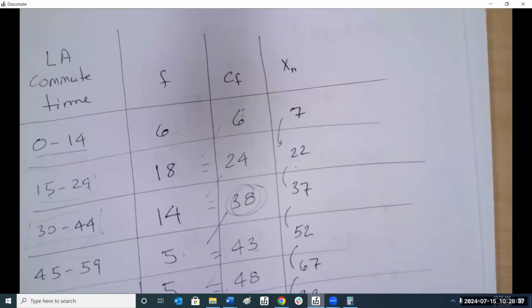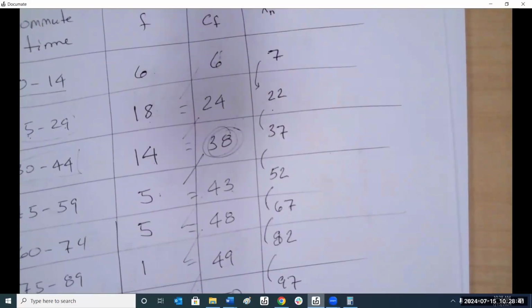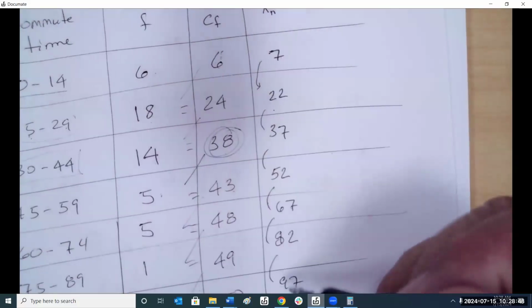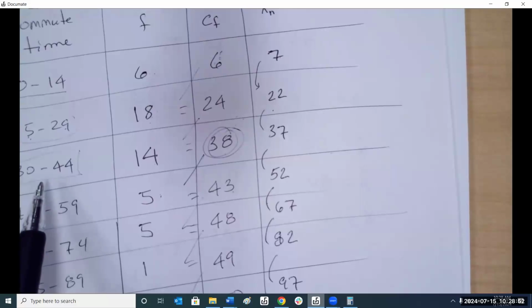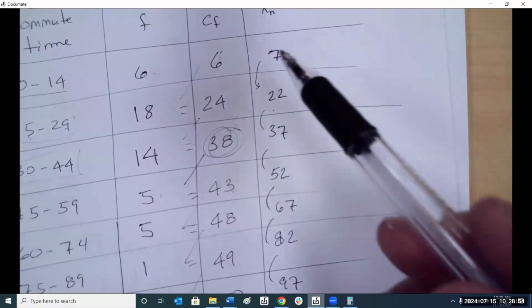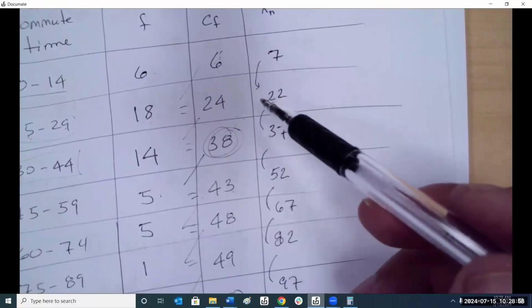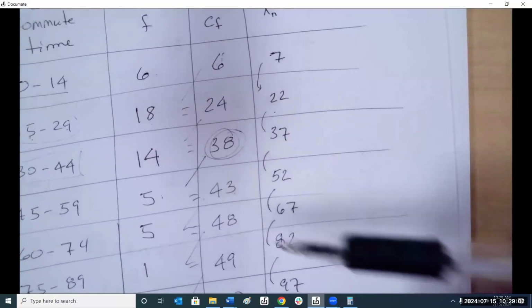And add 15, we get 97. So you can find those midpoint numbers either way. You can add the two numbers on the range, or since we know the width of the classes, we can just add that number to each previous one.